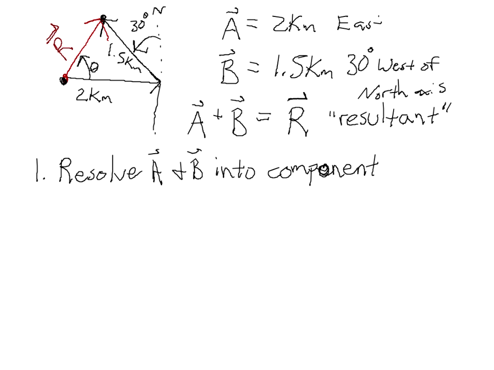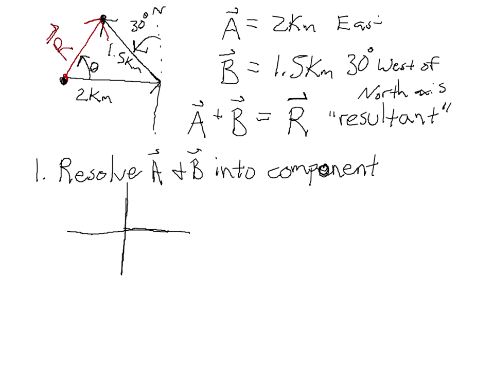So let's define component. Well, a component of a vector is that part of a vector that's parallel to one of your axes. It's easier to understand if I just show you an example.